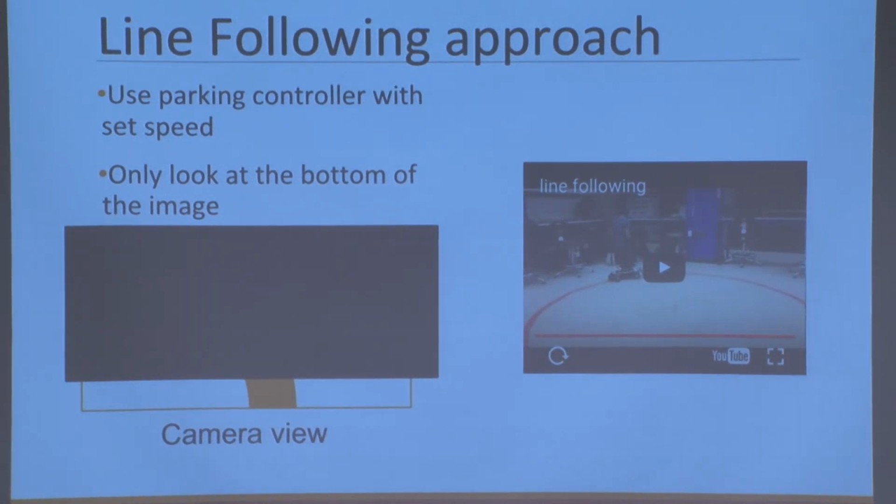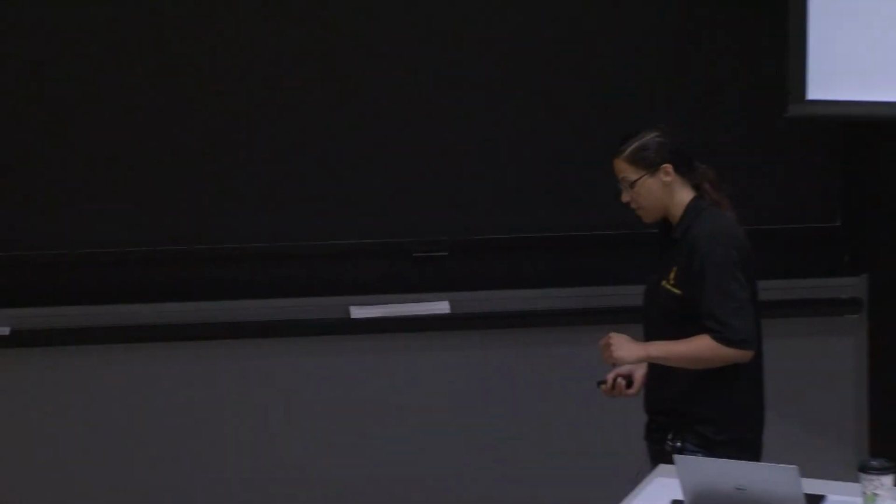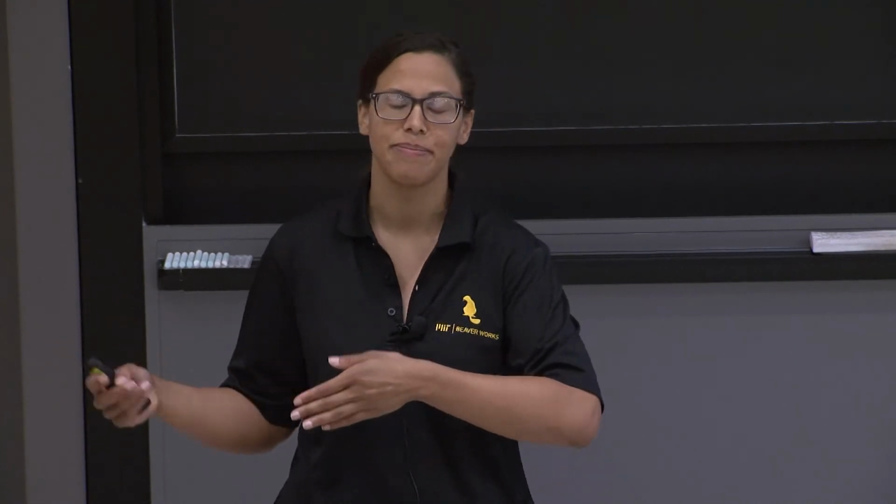Now again, this might not have been the fastest way of approaching line following, but it was exciting to see how I could be very modular in my development. I could decouple the system into the steering component and the driving forward component.